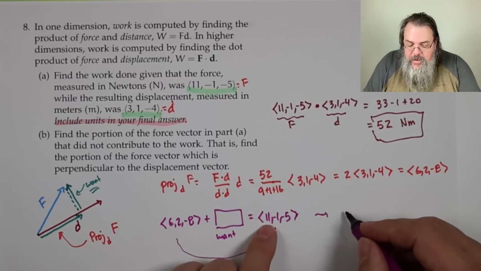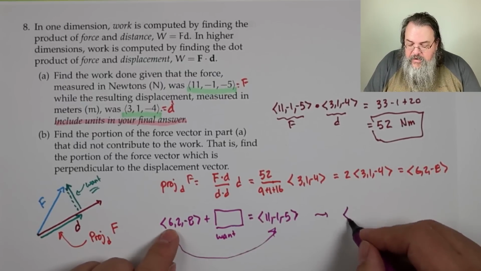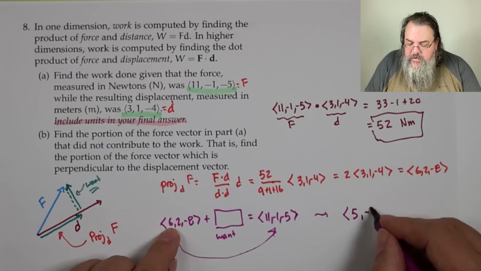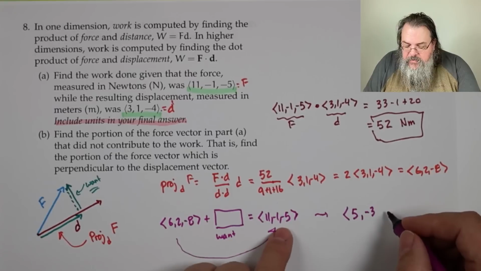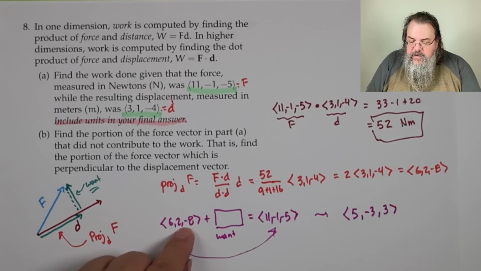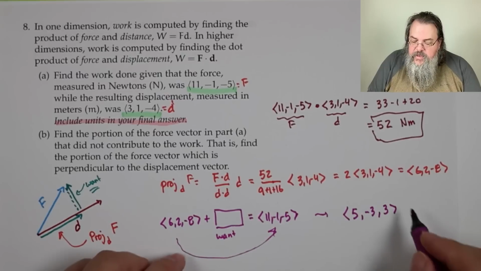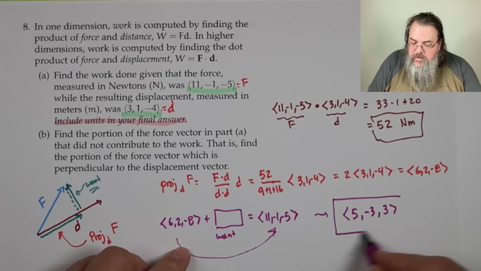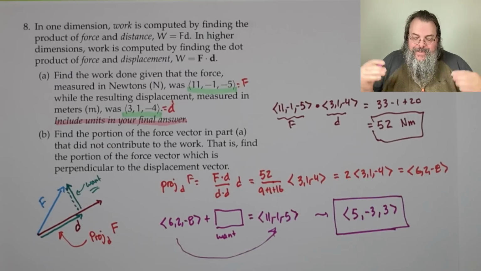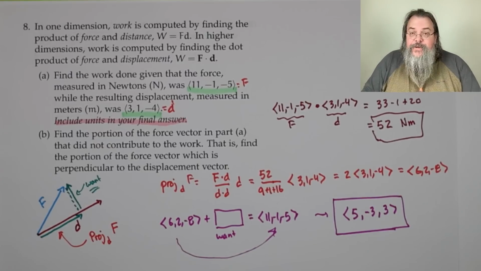So our answer is what? Well, we take 11, subtract 6 is 5. Negative 1 subtract 2 is negative 3. And then negative 5 minus negative 8 is a plus 3. So 5, negative 3, 3. And that's the part of force that did not contribute to the work.